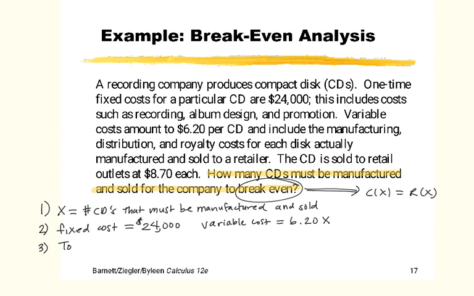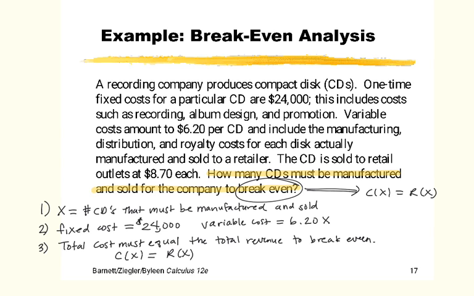So I'm going to say here the total cost, the verbal statement, must equal the total revenue to break even. Okay, so in order for them to break even, we know that they must equal. So we'll say that the cost must equal the revenue.